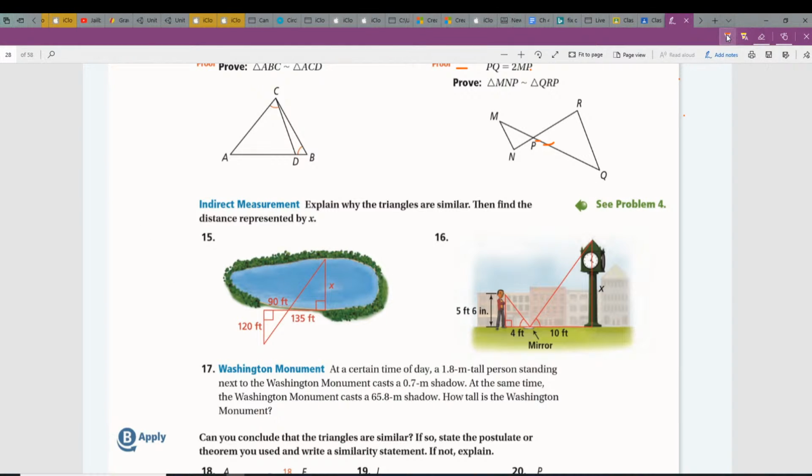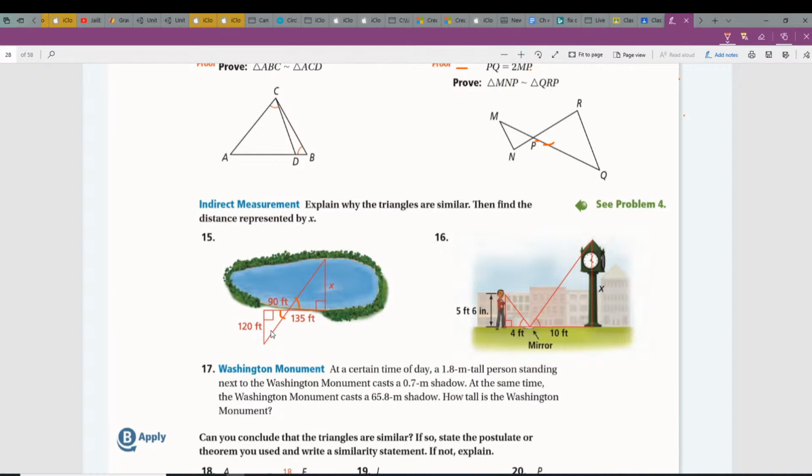These 2 triangles, this one right here and this one, they both have a 90-degree angle. Since all right angles are congruent, these two right angles will be congruent. Also, since there's a vertical angle here, these two angles are also congruent.